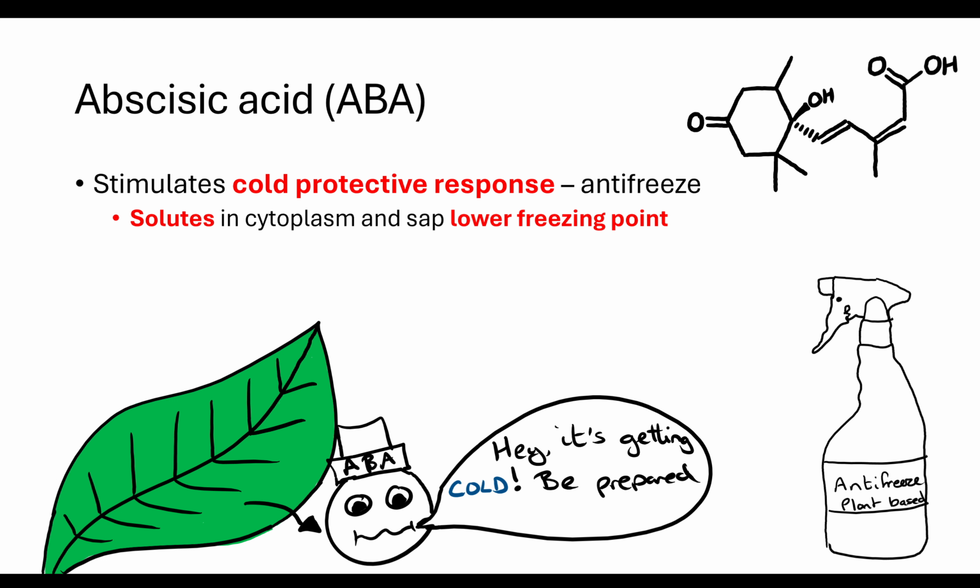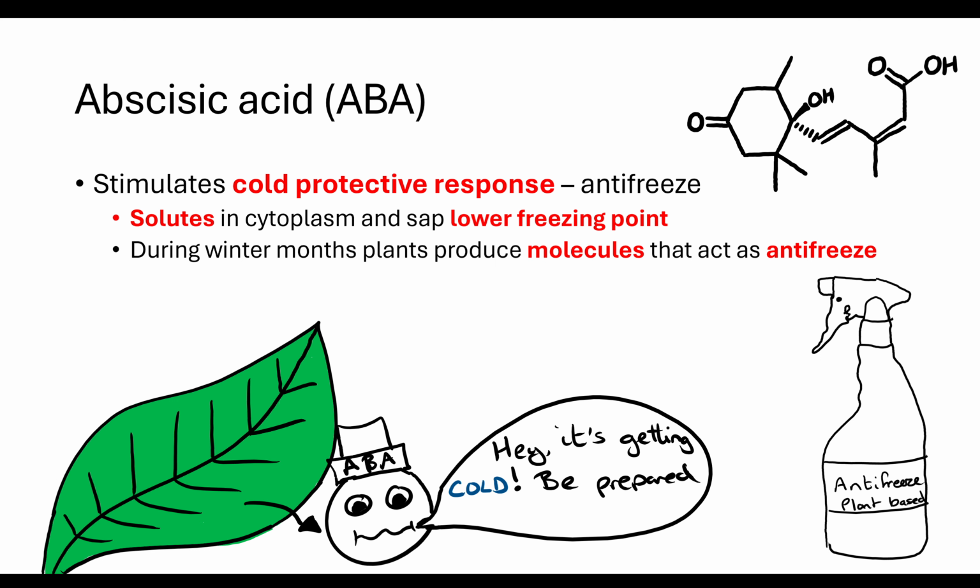So what we have is solutes in cytoplasm and in the sap will actually lower the freezing point within the cell. Now, if the winter months get cold enough, what can happen is they can actually lower down to that freezing point.